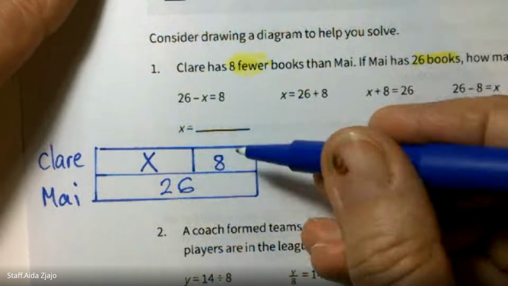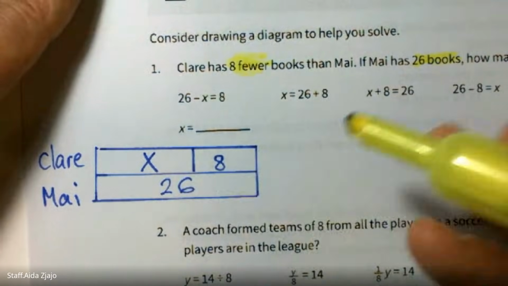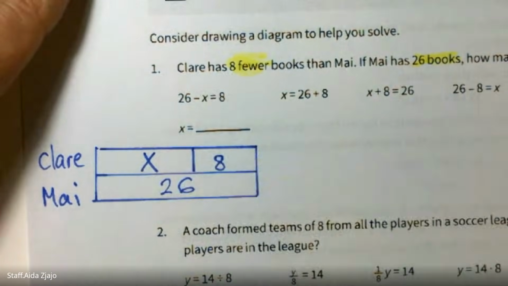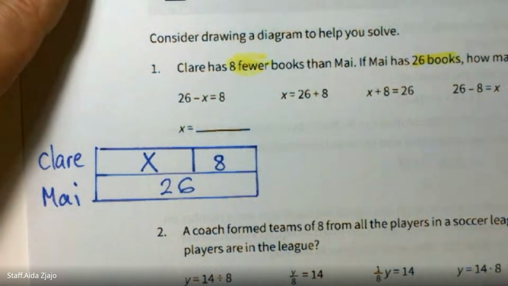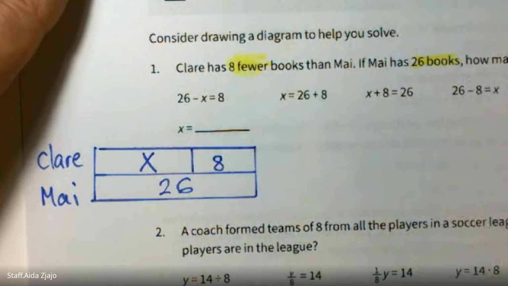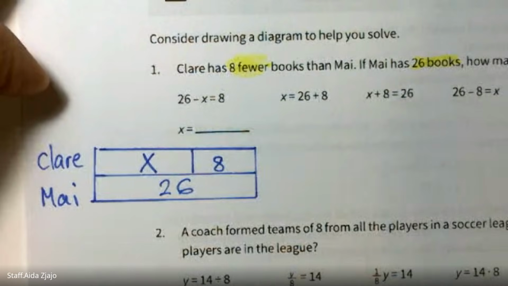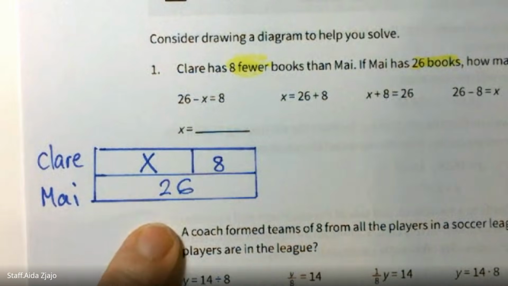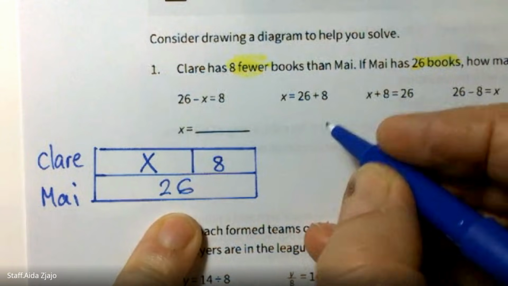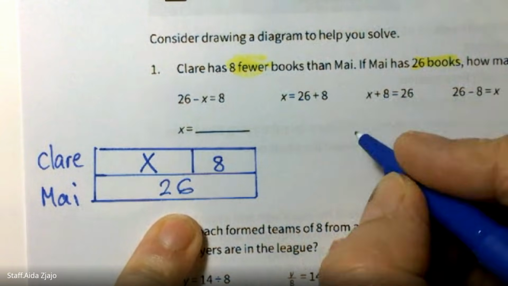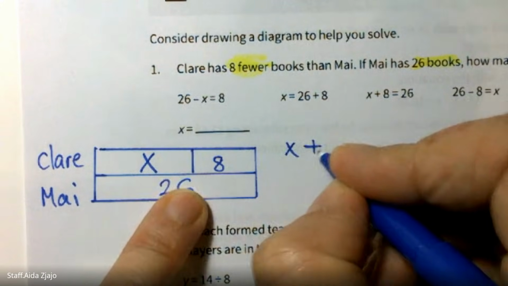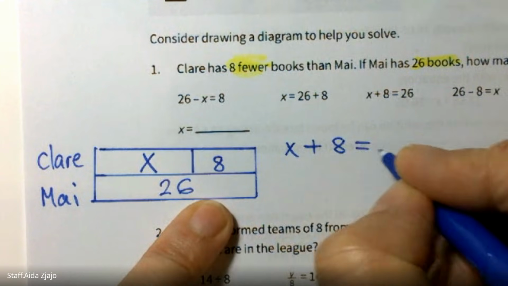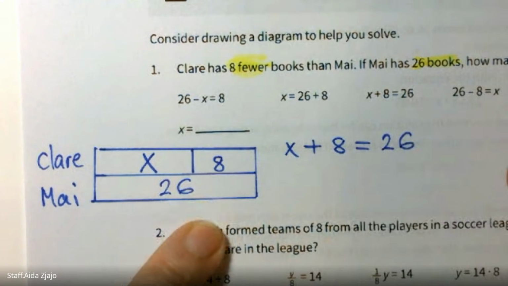So we can look at this equation and, by using that large, small, and difference or fewer, we can create the equation. We can say x plus 8 must equal 26.